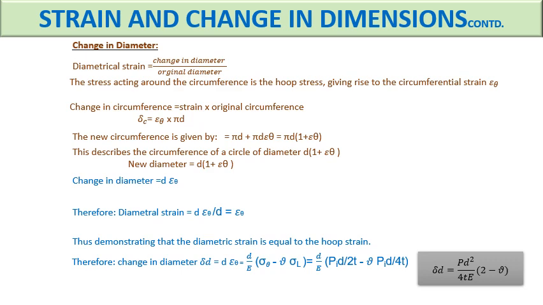And if you substitute the value of hoop stress and the longitudinal stress, we get the change in diameter as PD square upon 4TE multiplied by 2 minus nu.